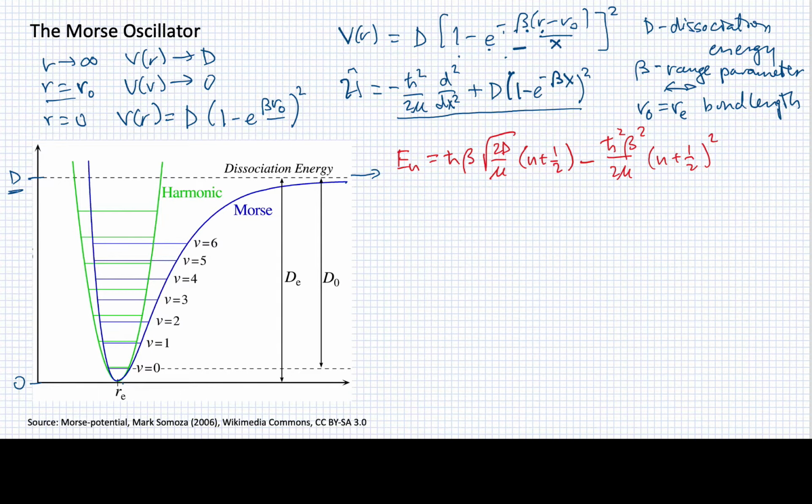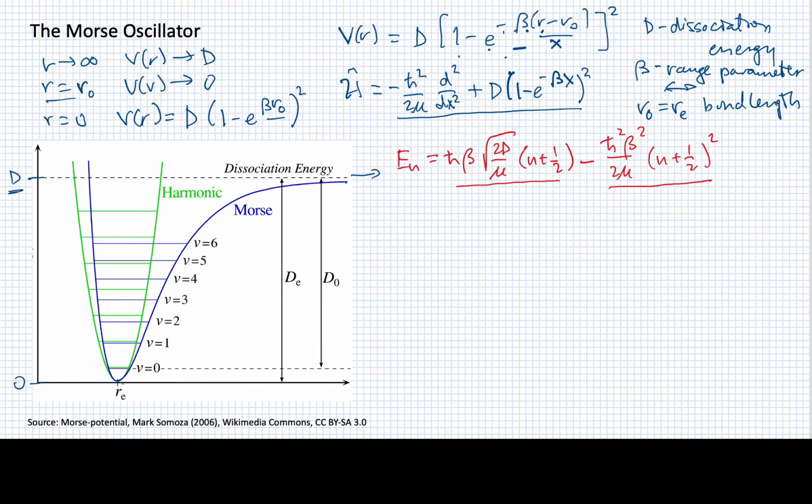Okay, so this is interesting. This first term is sort of reminiscent of the harmonic oscillator states, with the n plus a half as the term that depends upon the quantum number n. But it has this additional term here.